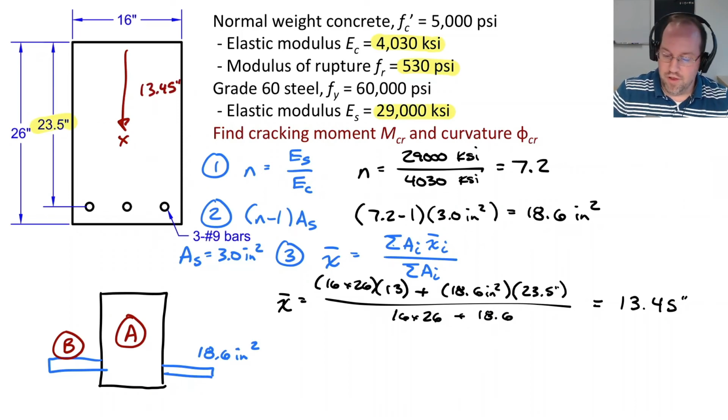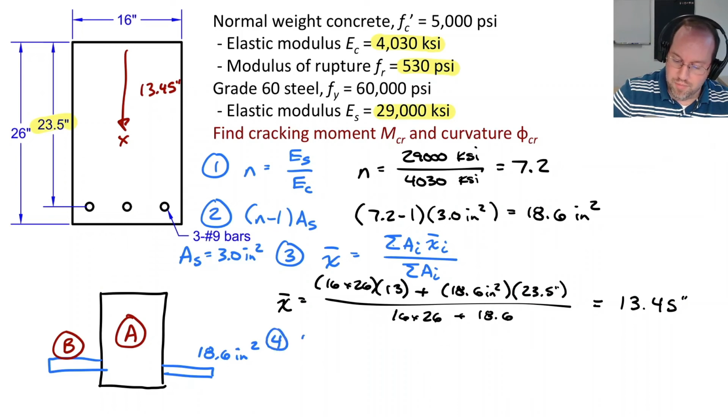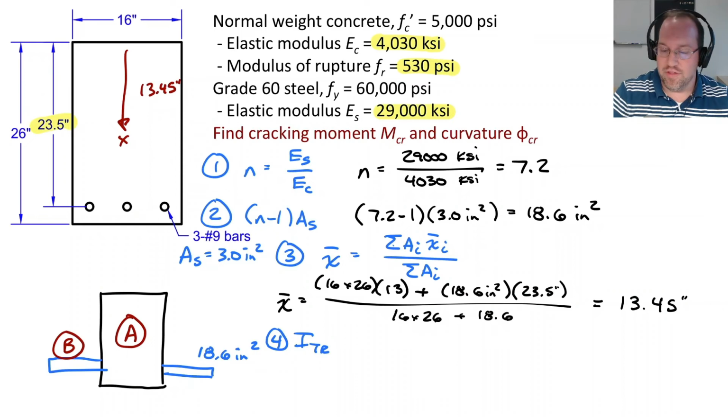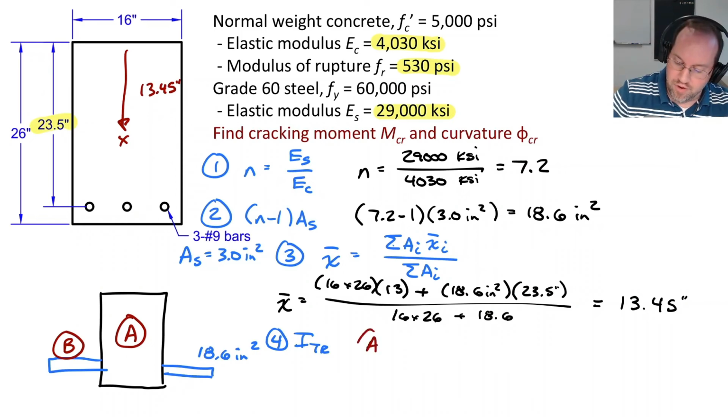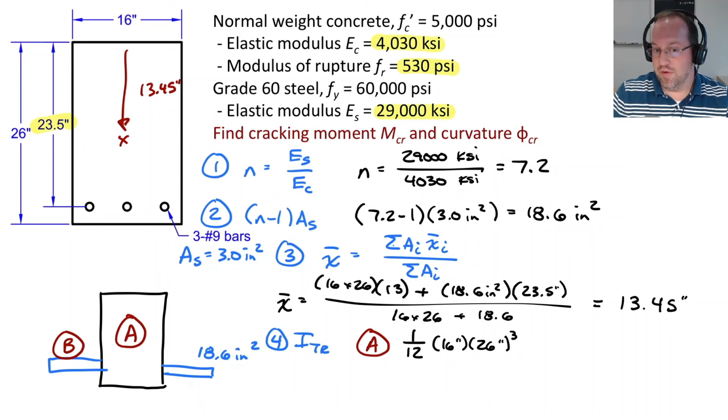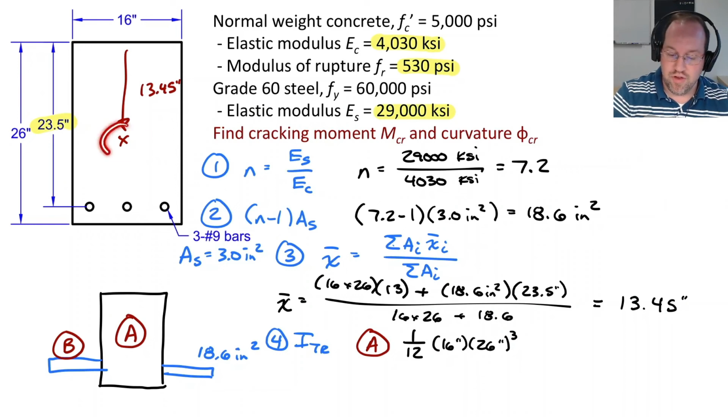Lastly, I want to calculate my I transformed. I have 2 regions here that I need to add together. This first line is going to represent my rectangle of concrete. It has a moment of inertia of 1/12 times 16 inches times 26 inches cubed. That is the moment of inertia for a rectangle. But then I need to transfer that area to my new centroid.